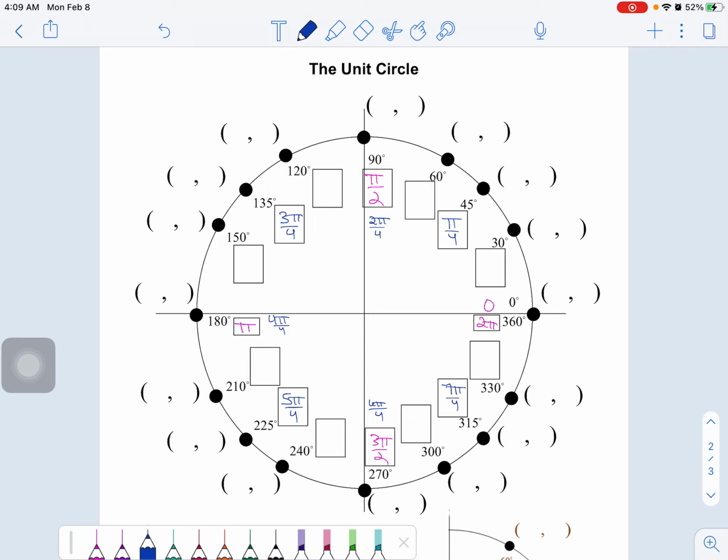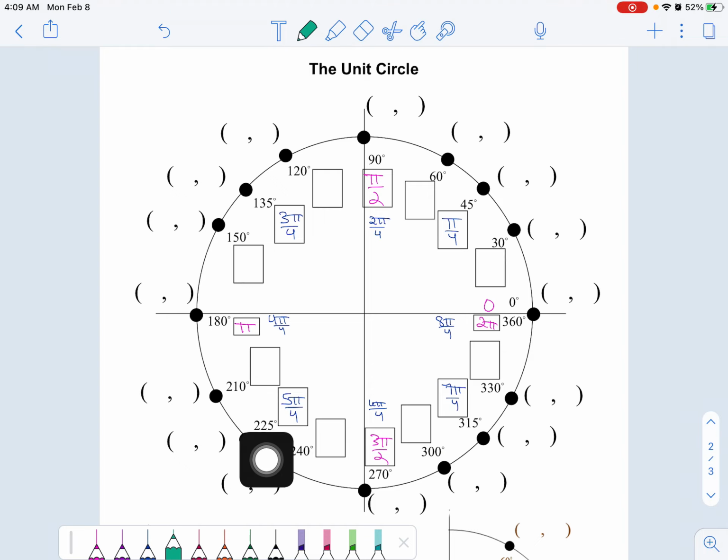And the last one is going to be 7 pi over 4 for 315. And if you want to prove it to yourself that you got all the way around, the 360 would be 8 pi over 4, which should look familiar because it's something I use with the coterminal angles as well. So those are the 45 reference angles.